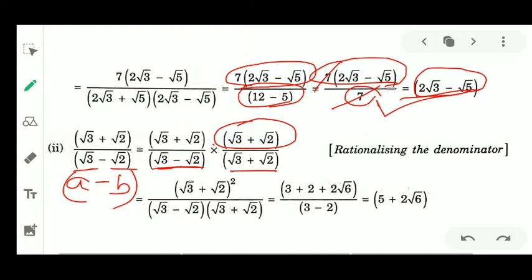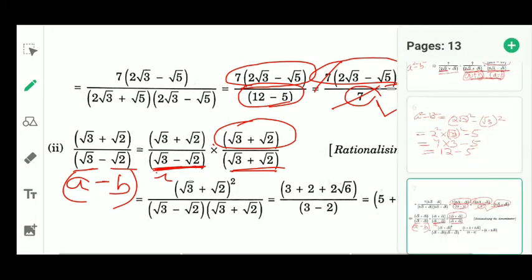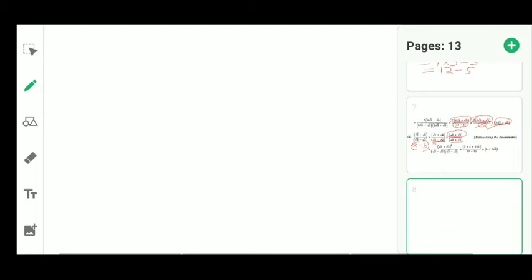Clear? So now the denominator is in the form of a minus b multiplied by a plus b. The denominator becomes a square minus b square.